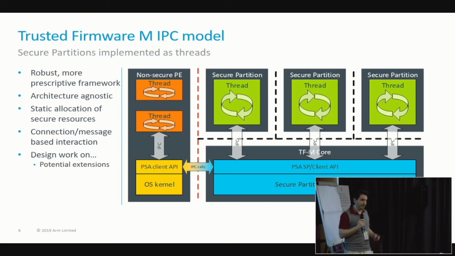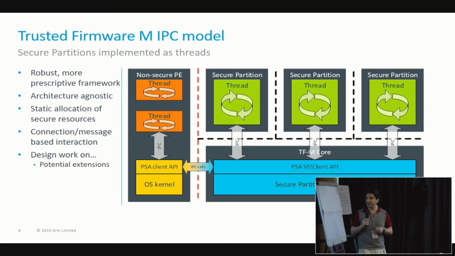The other big implementation of partition manager and interaction is the IPC model, where secure partitions are implemented as threads. This is a more robust, more prescriptive framework. It is architecture agnostic, so it doesn't rely on ARM v8M specific features, and it is well suited for different models of isolation. Here we have static allocation of secure resources.